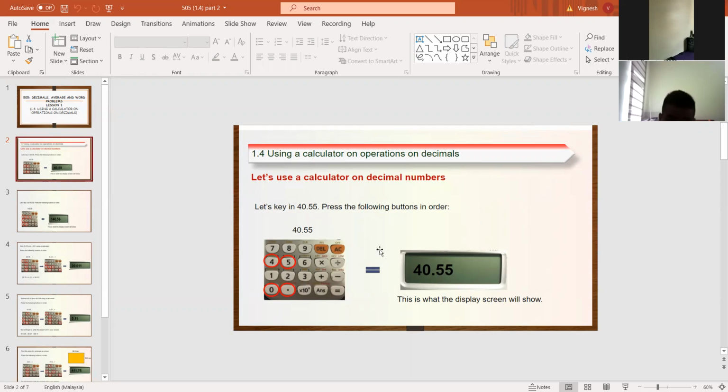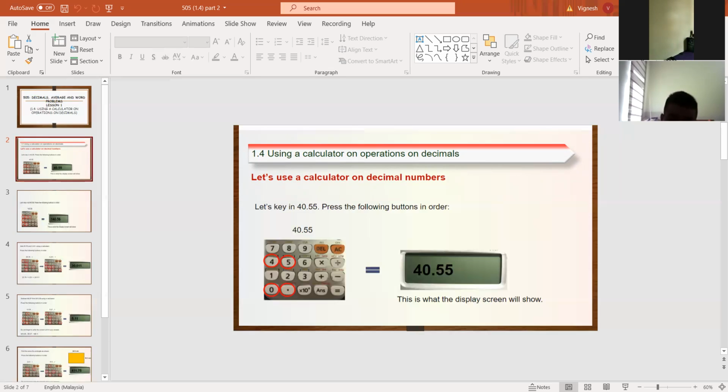So for example, when you type out 40.55, it will be displayed on your screen, correct? Each and every one have to show me how to type the numbers in the calculator?